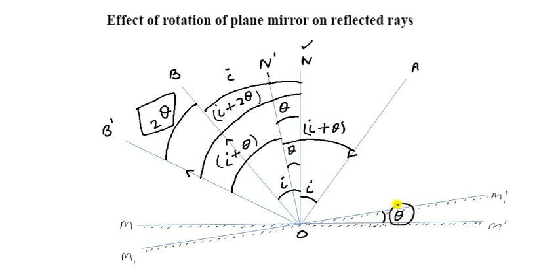So if the mirror is rotated by theta, the reflected ray is rotated by 2 theta. That is the main property. You should learn it, it is very important for your examination.